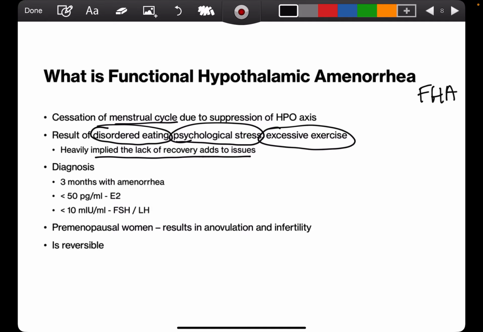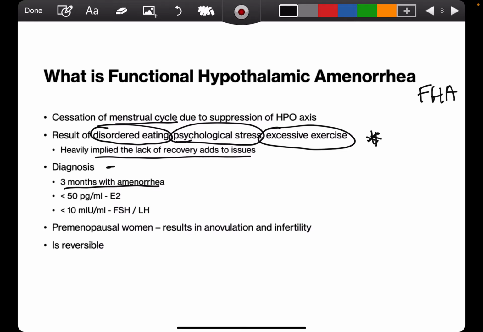It's not mentioned too much in literature, but I would say it's heavily implied that the lack of recovery compounds all of these, right? If I have all of these three things going on and I'm not in a recovered state or actively recovering, the likelihood that these expand the issues just increases.